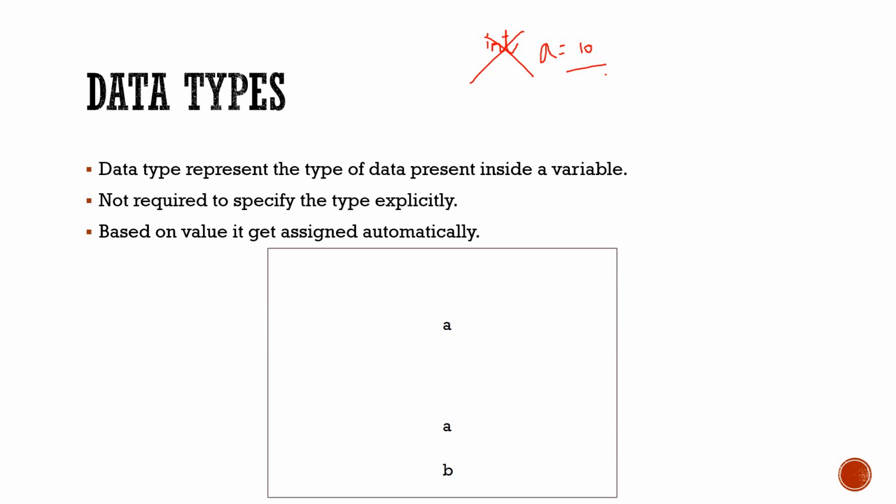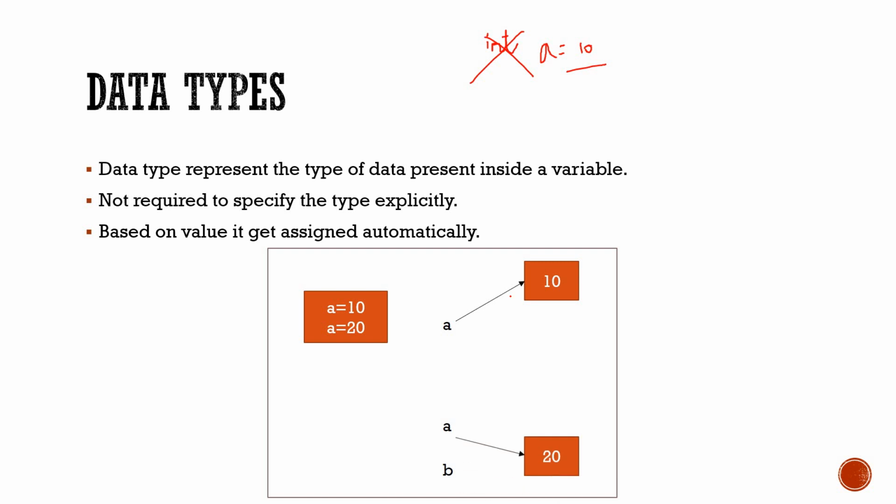Now let us take another example. Suppose I have a variable a. I'm assigning a = 10, and then I'm assigning a = 20. When I assign a = 10, a points towards the value 10, which is at a certain address in the memory. Now what happens if I assign a = 20?